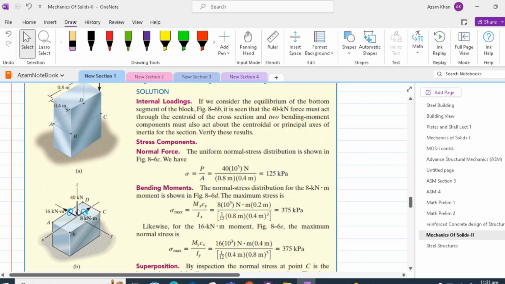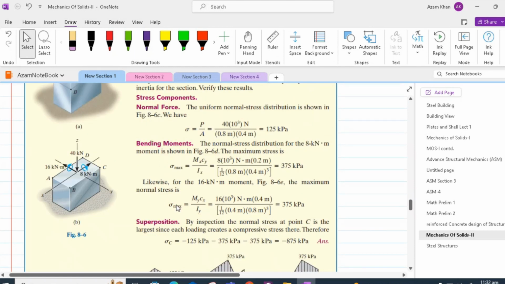Due to the moment about x-axis, we have 8 kilonewton meter times the distance of the extreme fiber, which is 0.2 meter, divided by moment of inertia about the x-axis, which is 0.8 times 0.4 cubed by 12, and that will give us 375 kilopascals.